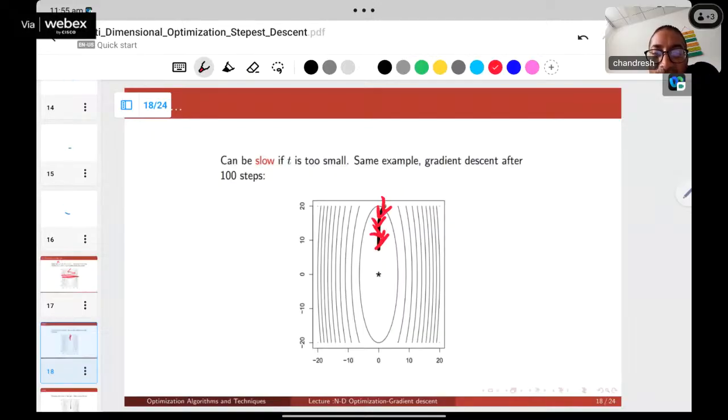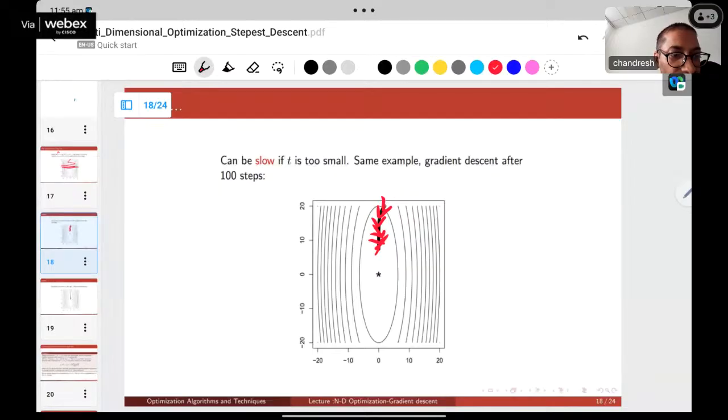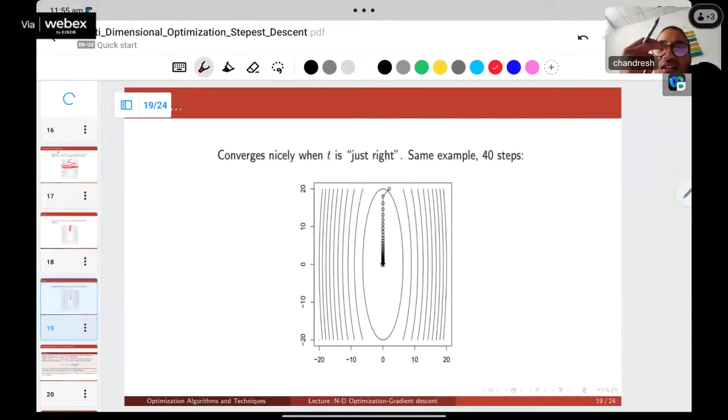See, this is what happens. And if you set step size alpha just right, in a few iterations the algorithm will converge very nicely. So that gives all the details of gradient descent.